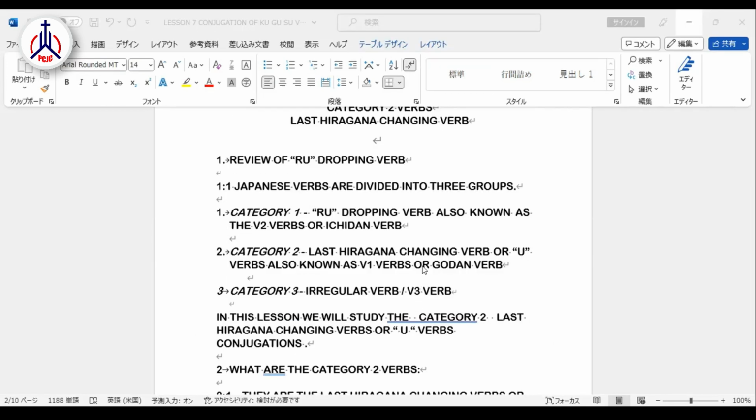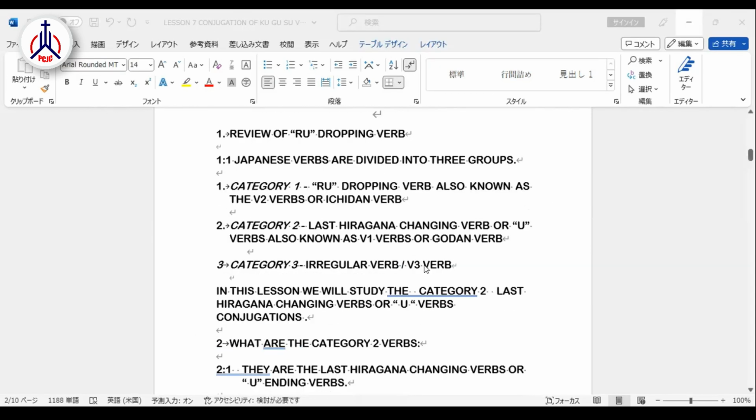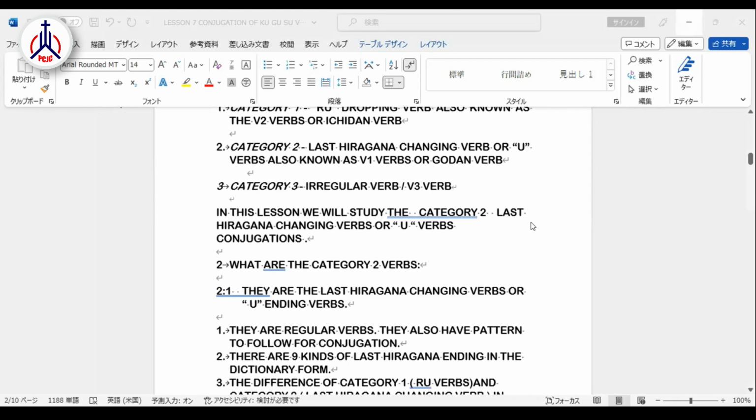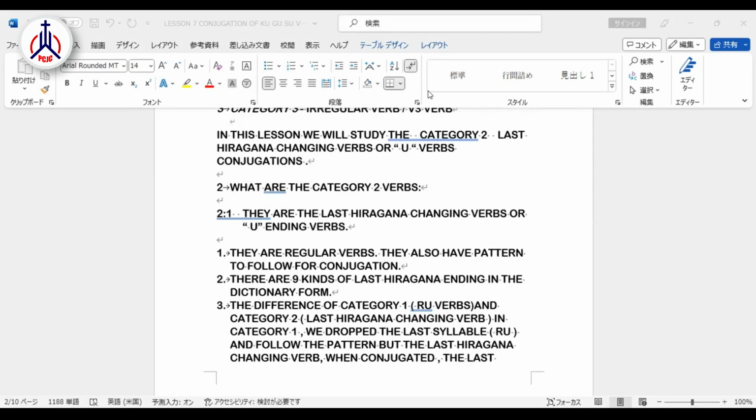Okay? So now we'll go to category 2. Category 1 is the root dropping verb. Category 2 is what we call the last hiragana changing verb or the U verb, also known as the V1 verbs or Godan verb. So we are now in category 2 verbs.